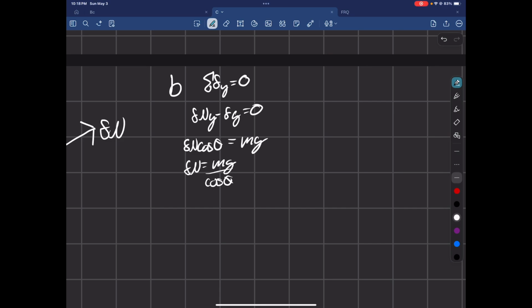Theta isn't in the given variables or the given terms, so we want to rewrite the expression. So cosine is just equal to adjacent over hypotenuse. So the adjacent side would be d, and the hypotenuse would be r.